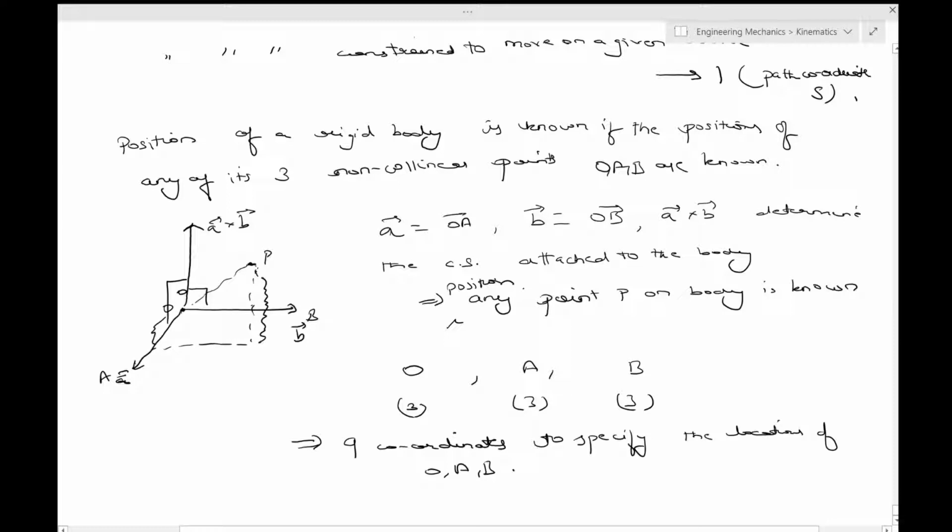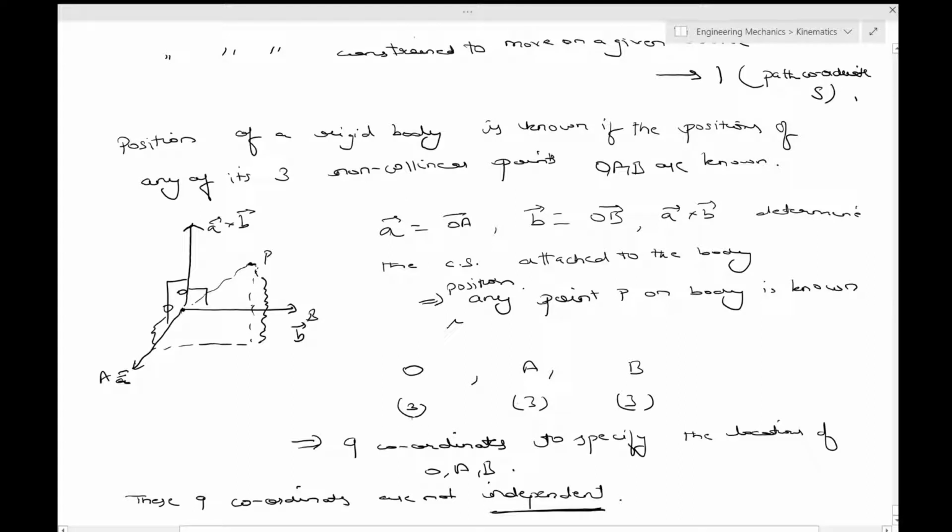But these 9 coordinates are not actually independent. That's the important part.